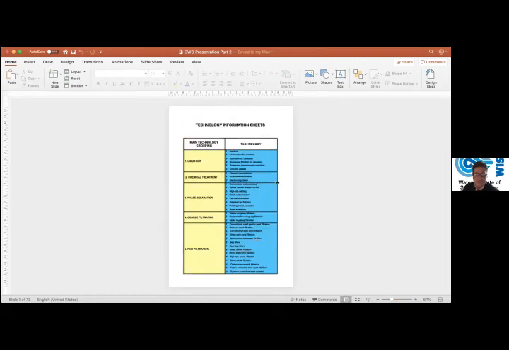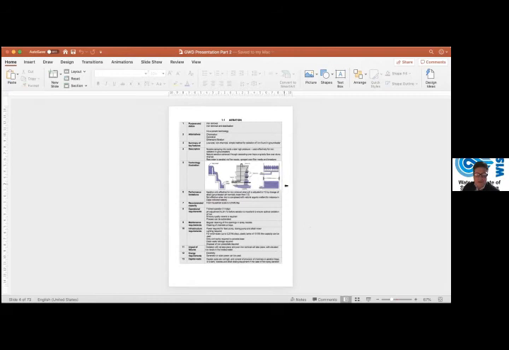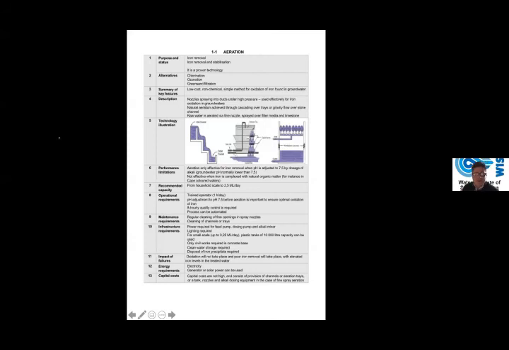And then under those, more specifically, the types that you get. If we have a look at oxidation, this is typically what it would look like. I must perhaps just go into presentation mode.